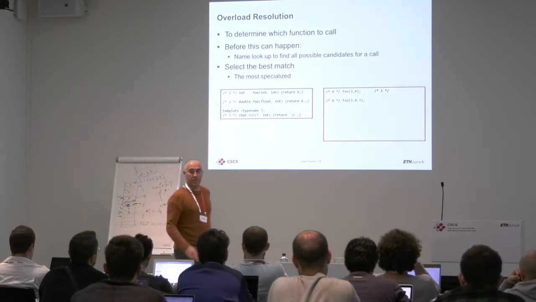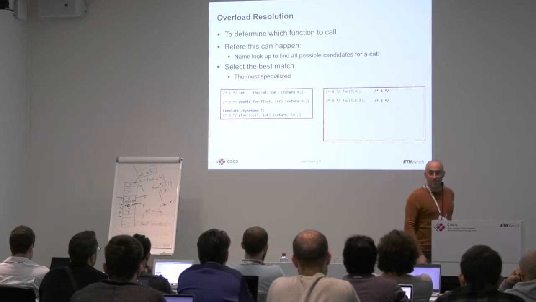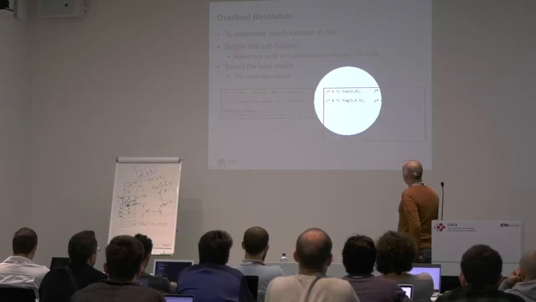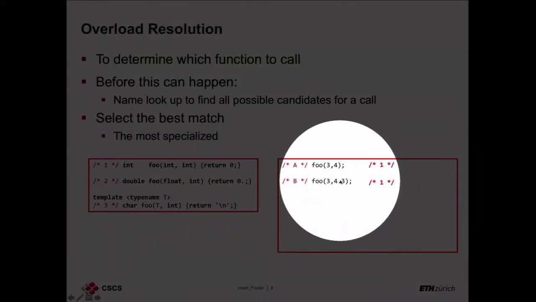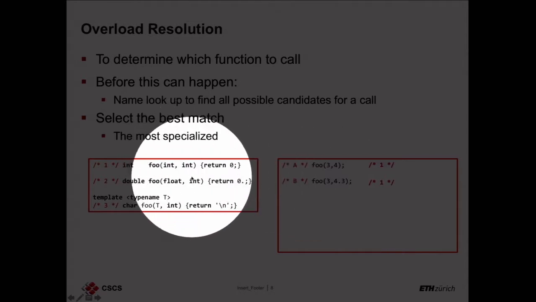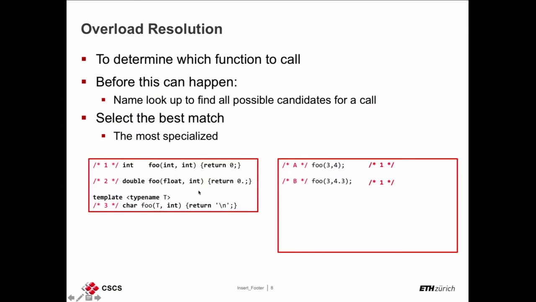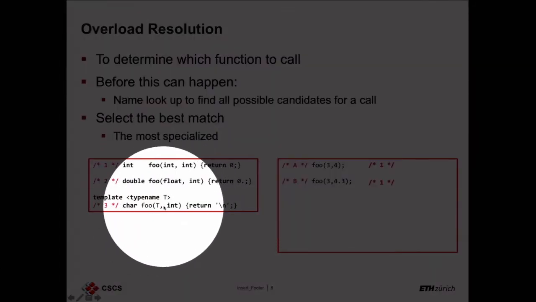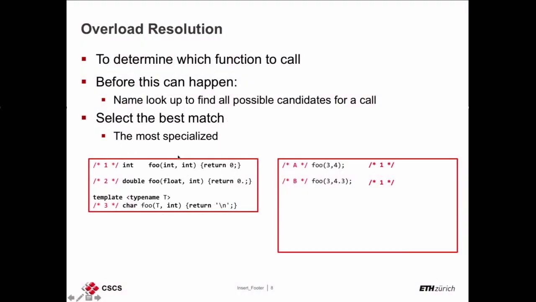Now it's the first one again. The reason is, the first argument is 3, and doesn't need to do anything. The second one is a double, and you need to convert this anyway in any of those. So instead of doing conversion to float or type deduction here, you just have the integer, and you convert the second argument from a double to an int. And you go to the first one.